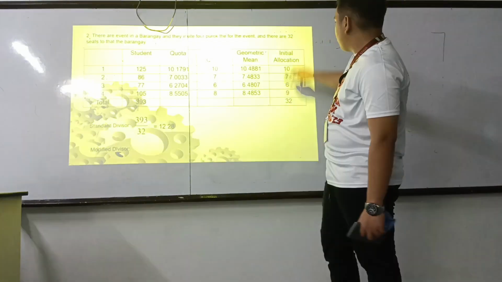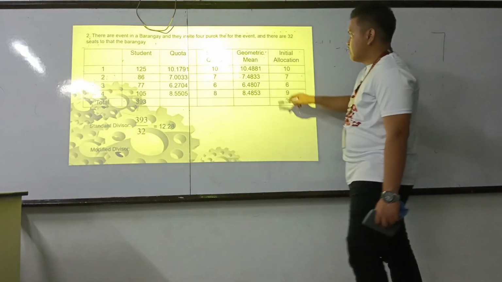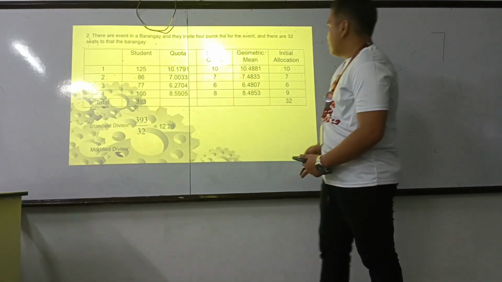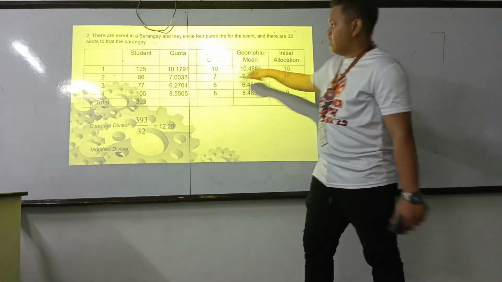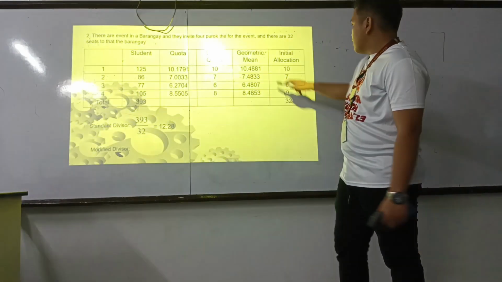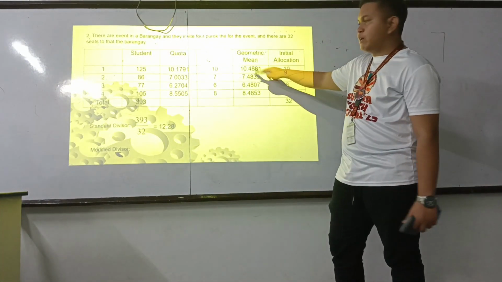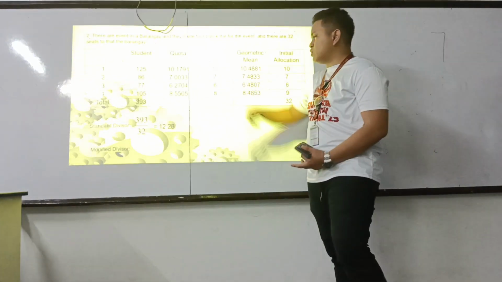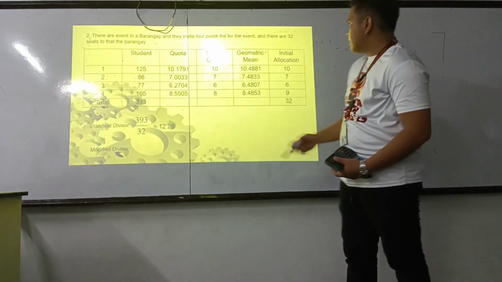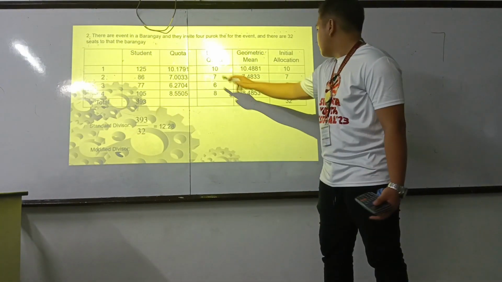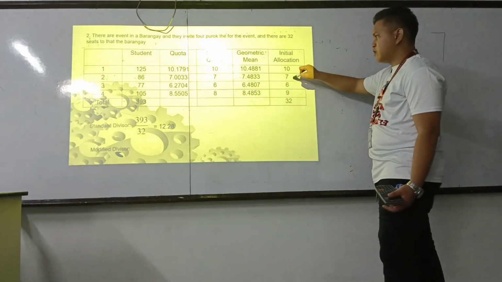And to find the initial allocations, let's talk about this. The geometric mean is higher than the quota, so it's 10. The geometric mean in group 2 is also higher than the quota, so it's 7.